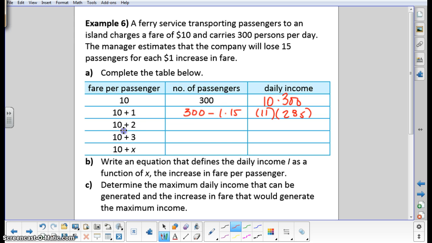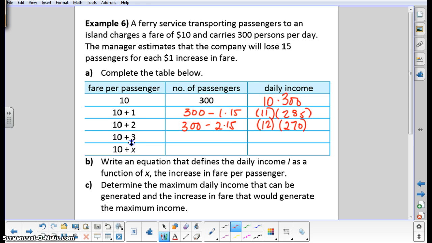Okay, so if we add another dollar, then that's 300 minus 2 times 15. So they're going to lose 30, but we're going to keep that separated. So we're going to end up with 12. And 300 minus 2 times 15 is 270.